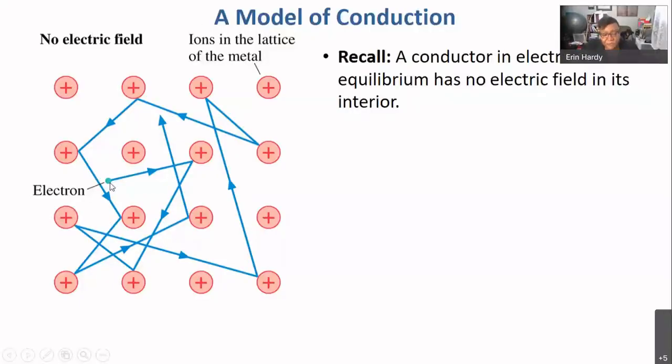If we shift our perspective away from the sea of electrons and imagine looking at a single negative charge carrier as it interacts with the particles on the interior of this conductor. When there is no interior electric field, this electron is going to interact with these positively charged nuclei the same way that you might imagine a pinball interacting with the elements inside of a pinball machine.